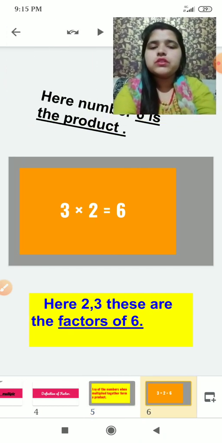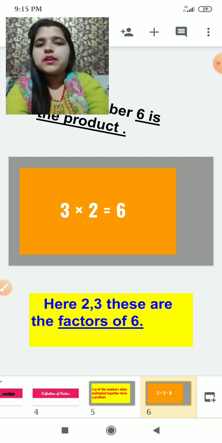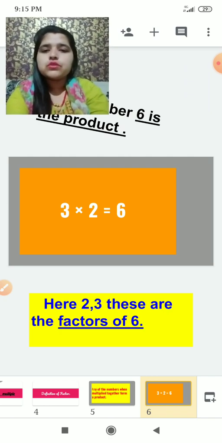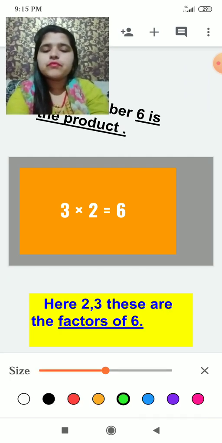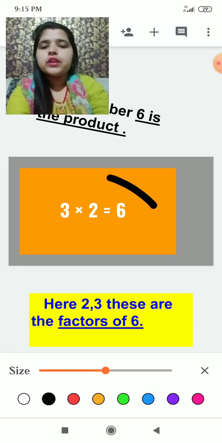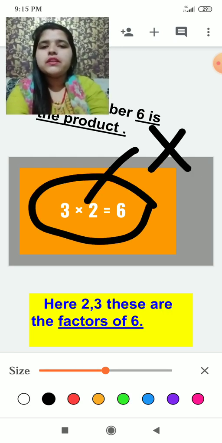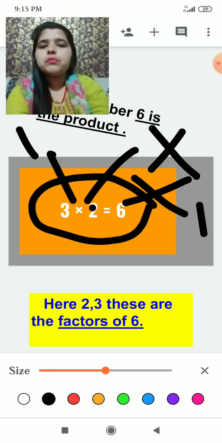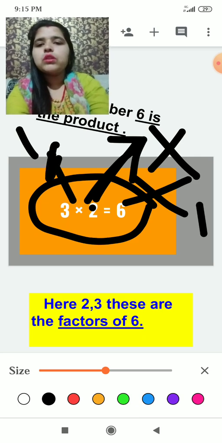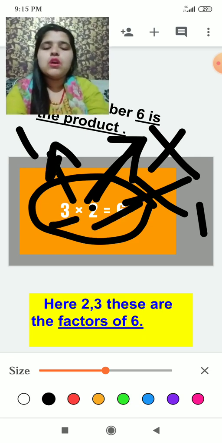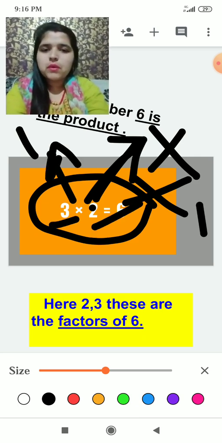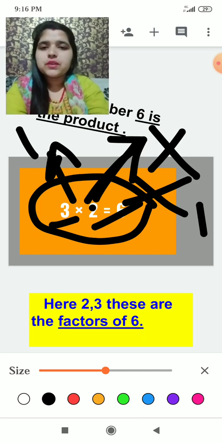So children, you can see here 3 into 2. We have one multiply sign, one number 3 and one number 2. So we have two numbers, 3 and 2. When we multiply these two numbers, we get a product, that is 6.